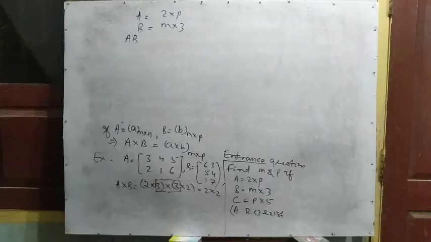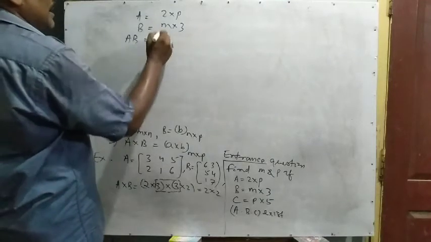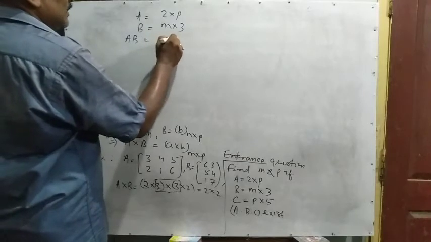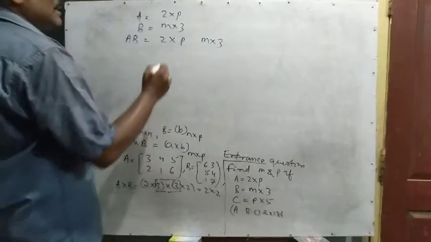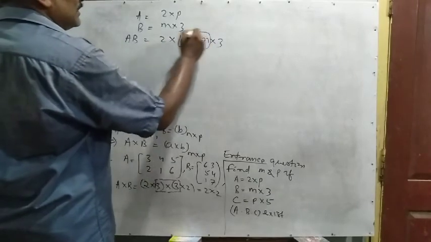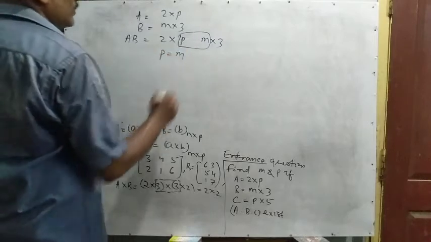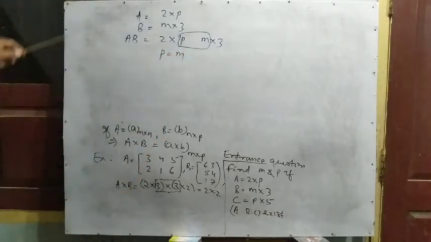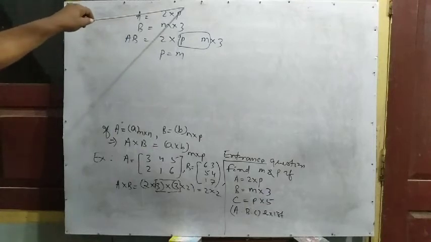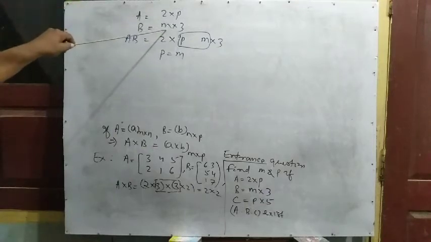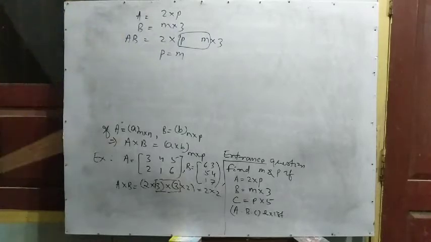It is possible to multiply AB. After multiplication, 2 by P and M by 3, these two should be equal. It indicates P equals M. When AB multiplication exists, the number of columns of the first should be equal to the number of rows of the second. These two are equal, P equals M.